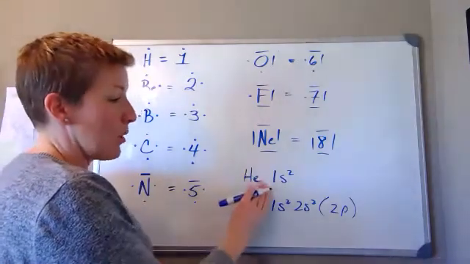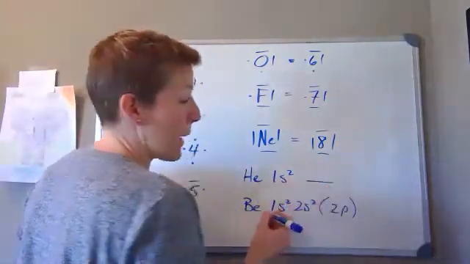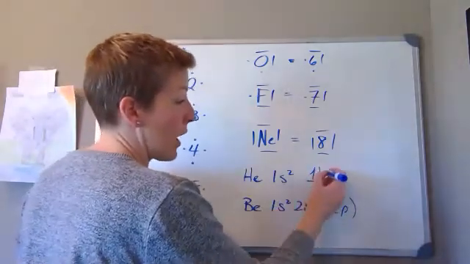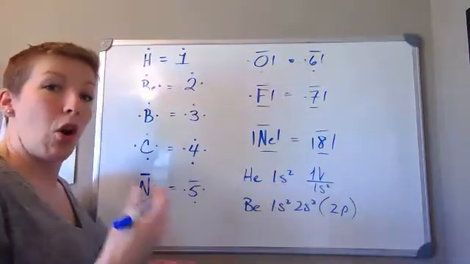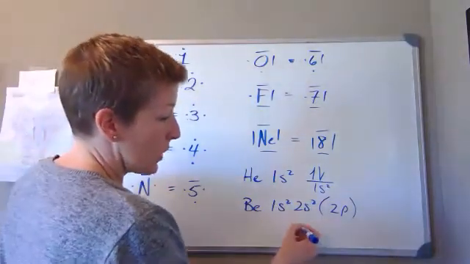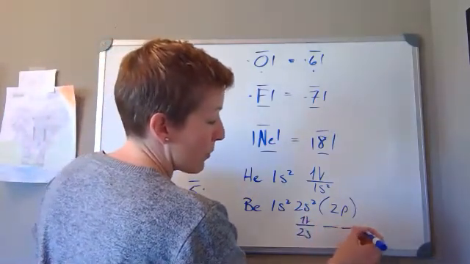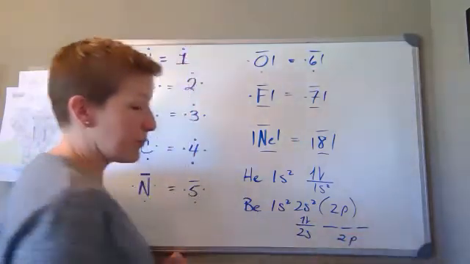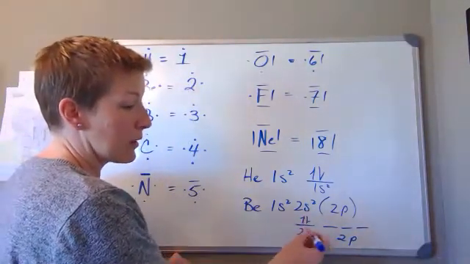So helium, although it only has 2 electrons, those 2 electrons, if we remember back to last week when we were drawing our arrows, it looks like this. Those 2 electrons are paired up. Whereas here, these 2 electrons in the 2s, although they're paired up, beryllium has access to that 2p. So this electron can actually move around a little bit more.